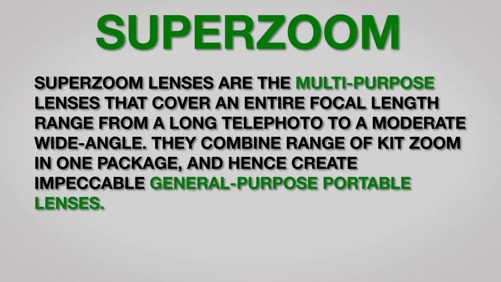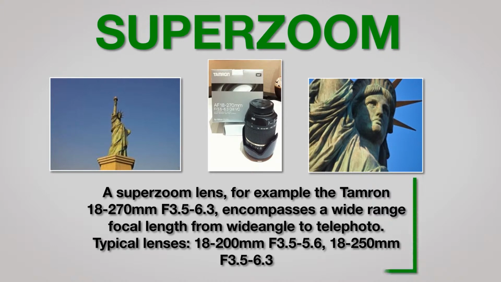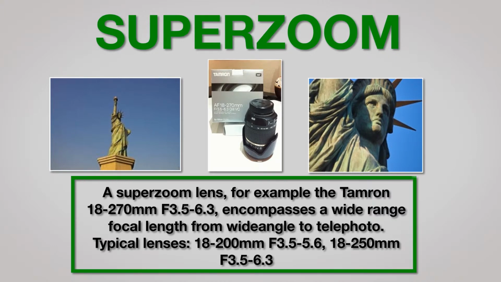Super zoom. Super zoom lenses are multi-purpose lenses that cover an entire focal length range from a long telephoto to a moderate wide angle. They combine the range of a kit zoom in one package, and hence create impeccable general-purpose portable lenses. A super zoom lens, for example the Tamron 18 to 270 mm f3.5 to 6.3, encompasses a wide focal length range from wide angle to telephoto.